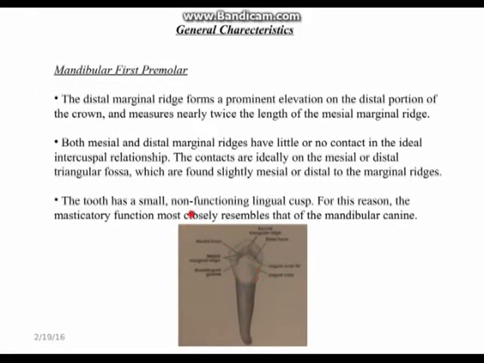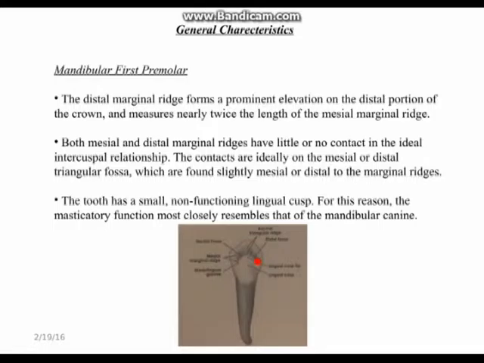So the tooth, as you can see, has a small non-functioning lingual cusp. We're looking at the tooth right now from the lingual side. This is the lingual cusp. This is the buccal cusp. For this reason, the masticatory function most closely resembles that of the mandibular canine. Absolutely, because if you look at this from the back, the way we're looking at it, you can easily say that this might be a canine too.